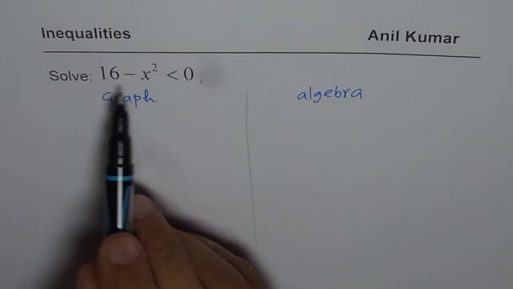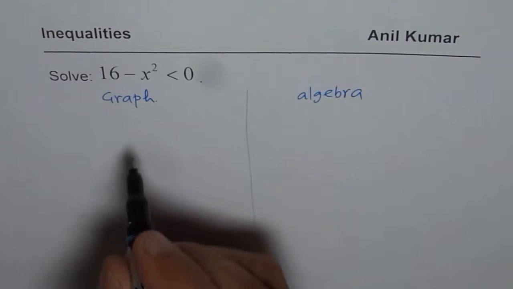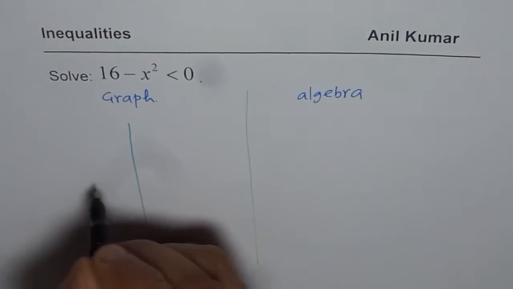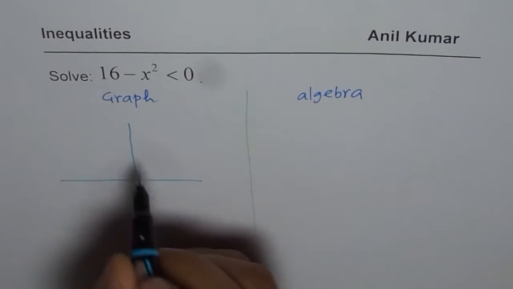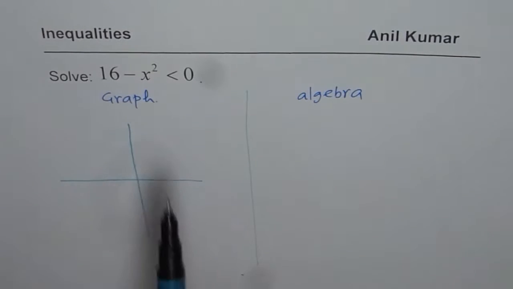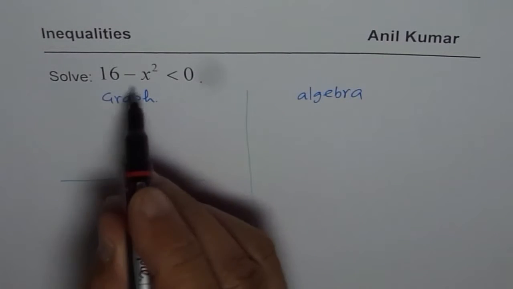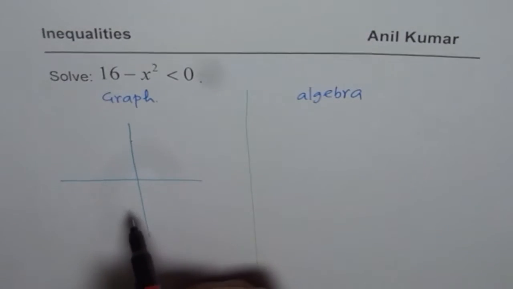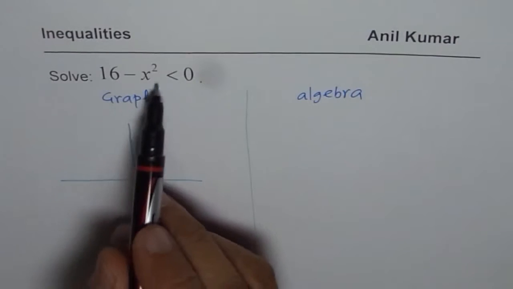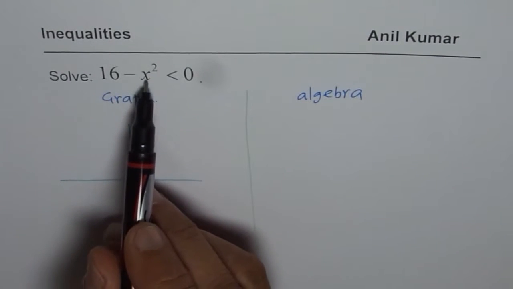So 16 minus x squared is less than 0. Let me sketch the graph and then write down the solution. 16 minus x squared. If x is 0, then the value is 16, correct? So that is the y-intercept. And when is this function 0? It will be 0 for x equals plus and minus 4.